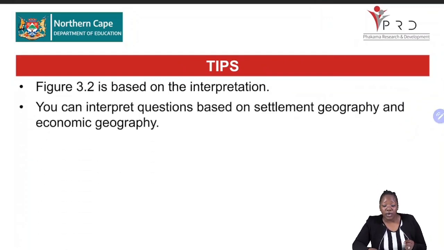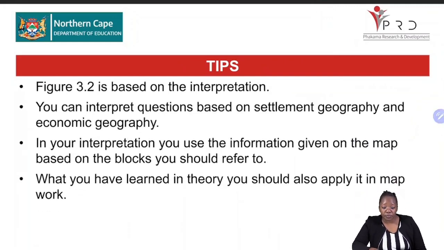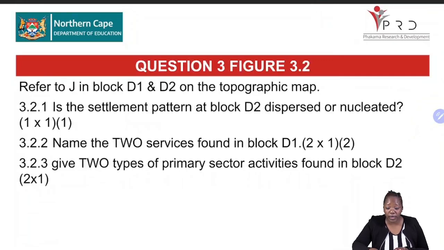So you can interpret also the questions. It should be based on your settlement as well as on your economic geography, so they can put any of the questions. And then after that, you also need to learn to interpret what we have learned in the theory part when it comes to the map work.